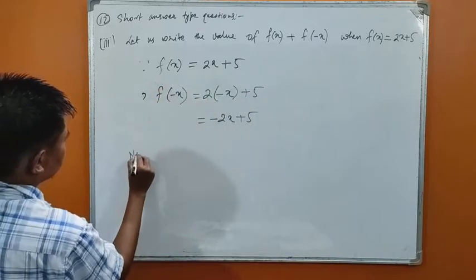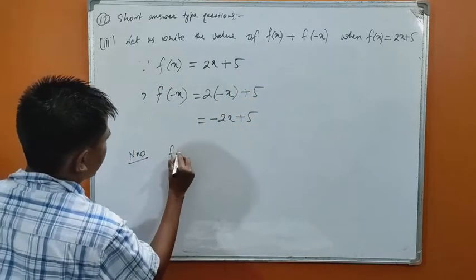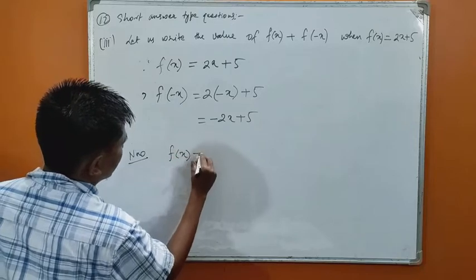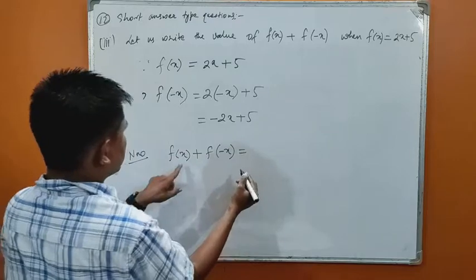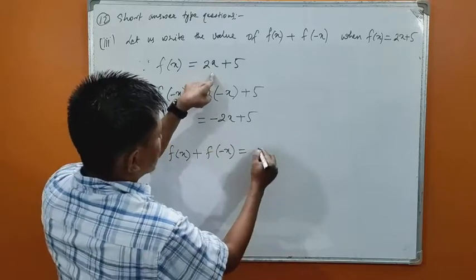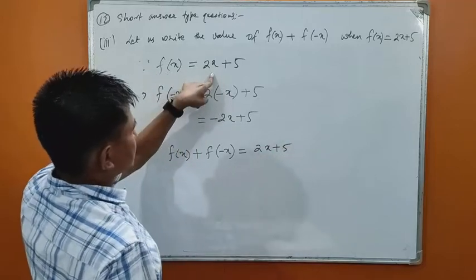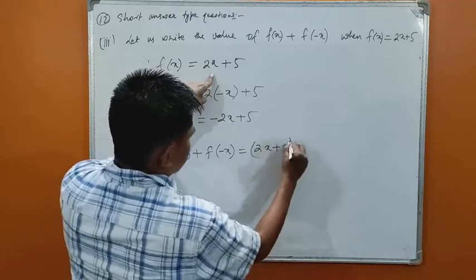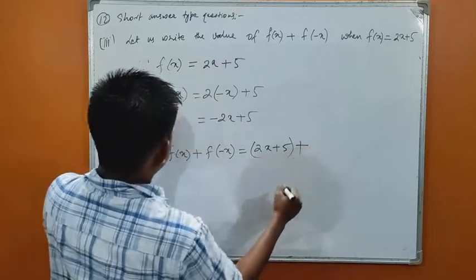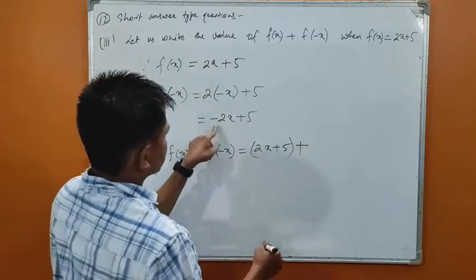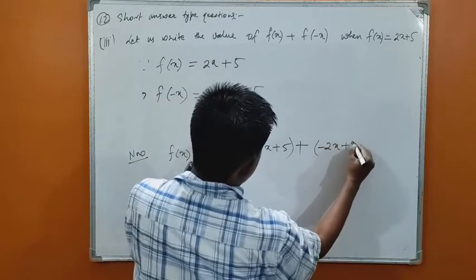So we are asked to find the value of f(x) plus f(minus x). f(x) means 2x plus 5, and f(minus x) means minus 2x plus 5, isn't it?